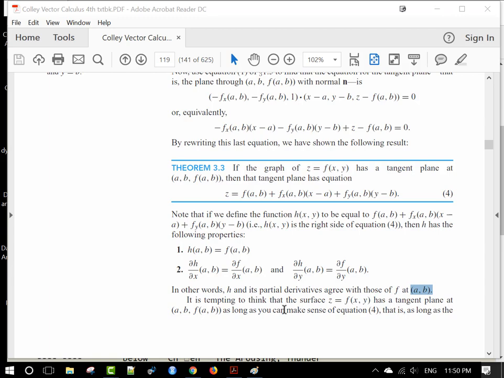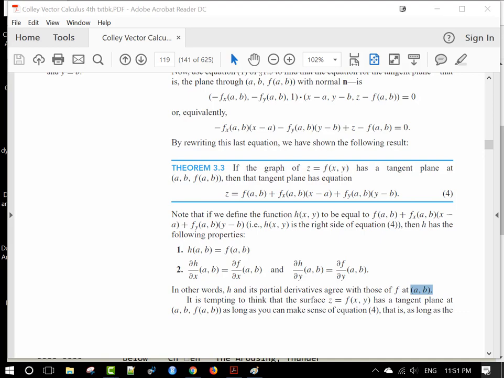Now she makes some technical point. You might want to make a theorem that a surface has a tangent plane as long as the partial derivatives exist.